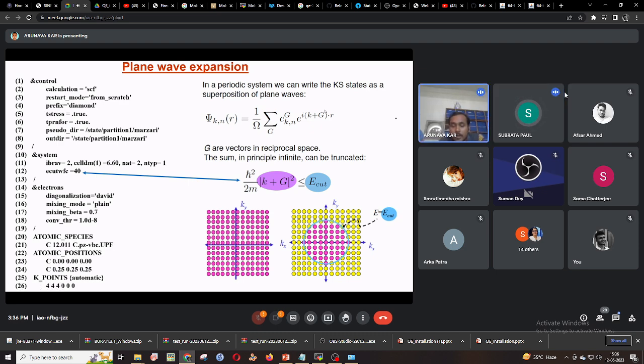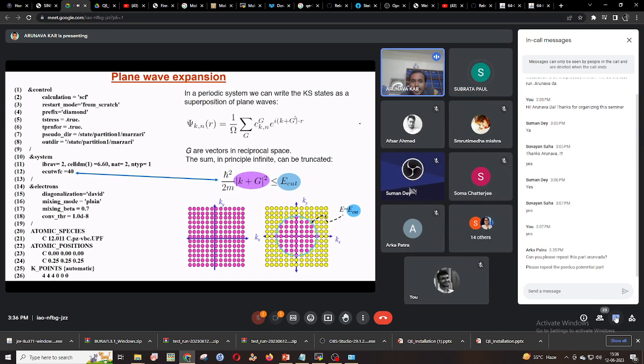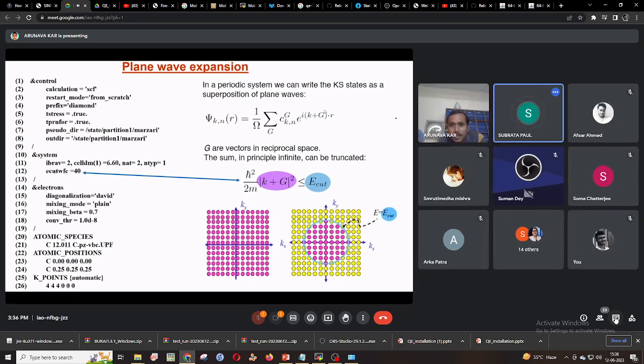Orko, you can go ahead. Hi, Orko. Okay, you can continue. Orko has written down his question: please repeat the pseudopotential part. Can you read the question? Actually, I'm not able to see this.